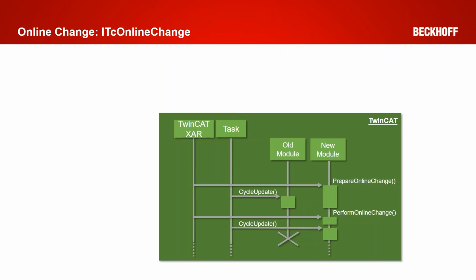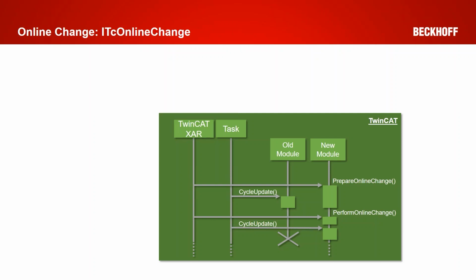PrepareOnlineChange is a call to your code, so you could implement, if you would like to, the new module to prepare itself for an online change. During this preparation, the old code is cyclically still executed by the task.